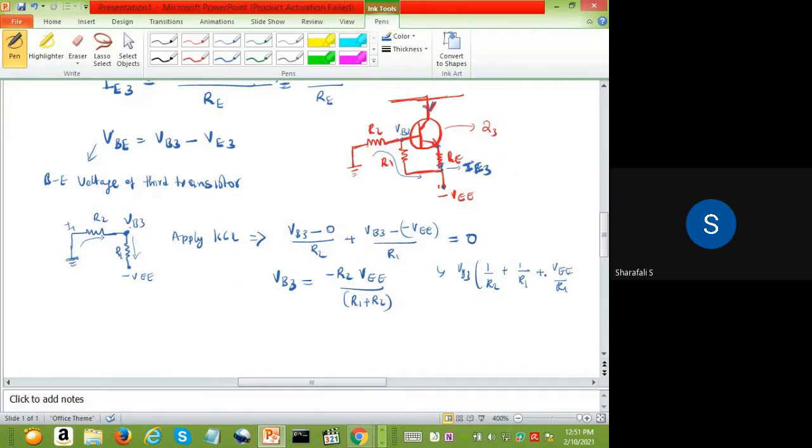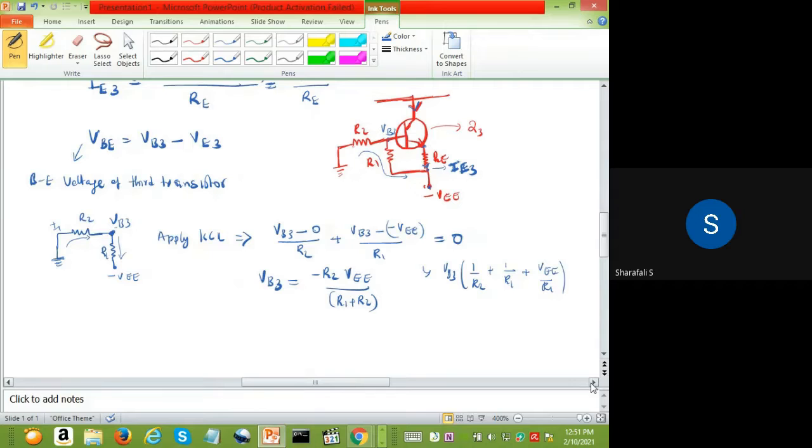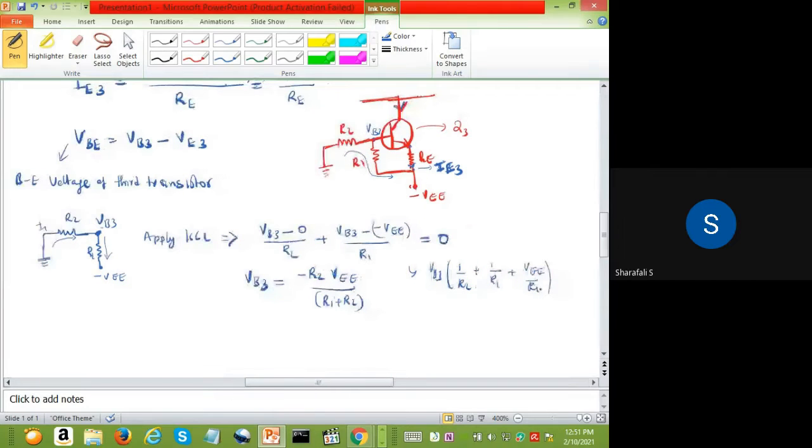So this will come as plus VEE by R1. In this term, we need one VBE, and here one VB3 will come, right? Then you simplify this, so that you get this expression.